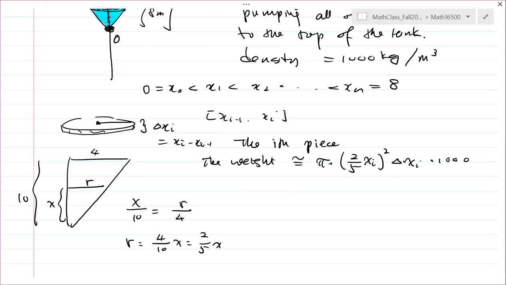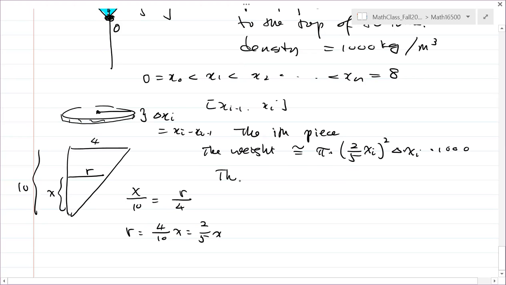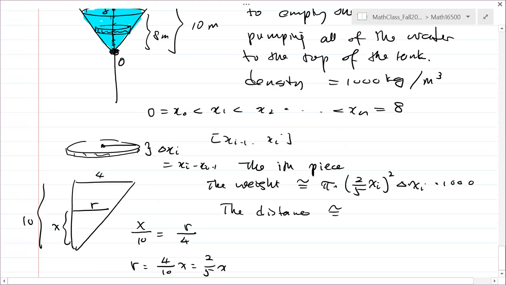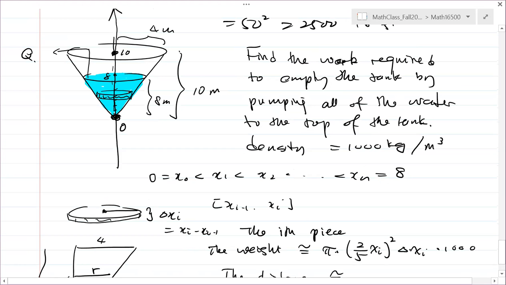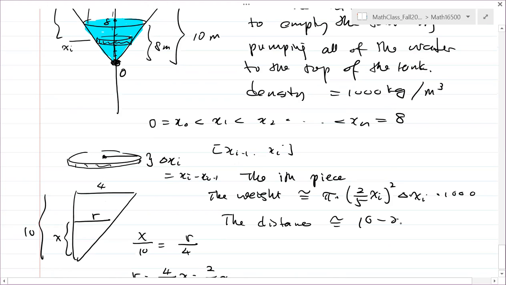All right, so then the distance it travels when you lift that piece is also about that piece has thickness. So you don't know which is the point, right? But you can see how far it travels. This is xi, right? And from here to here, xi to 10. So that should be 10 minus xi. Okay, so that is the distance it travels.